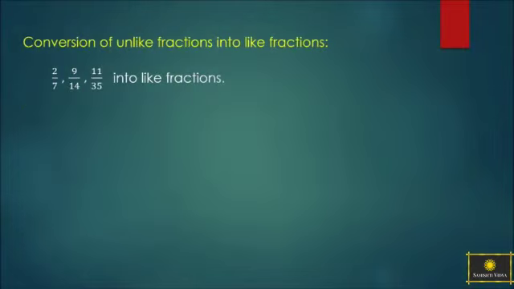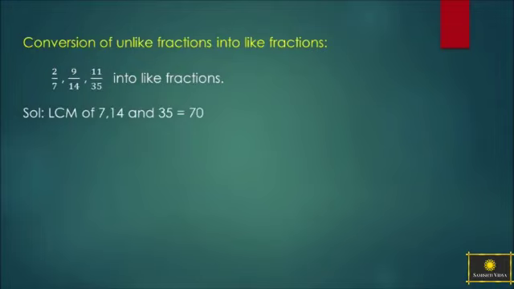Now to convert them into like fractions, first we have to find the LCM, that is the least common multiple, of the denominators 7, 14 and 35. We can see that the LCM of 7, 14 and 35 is 70.